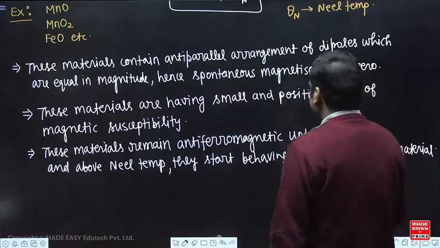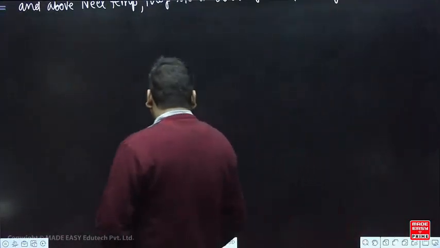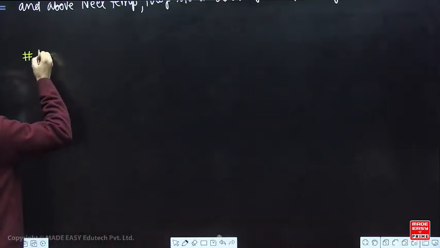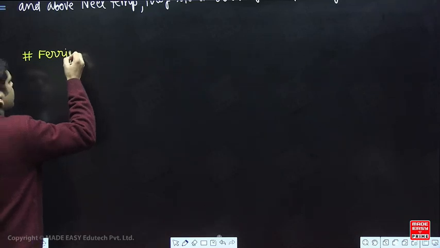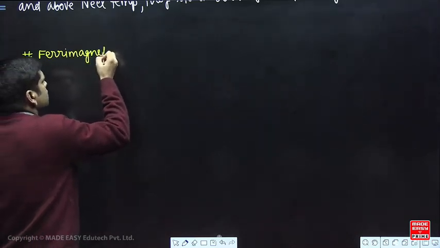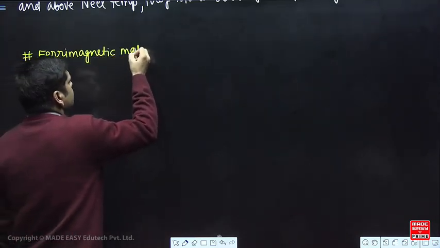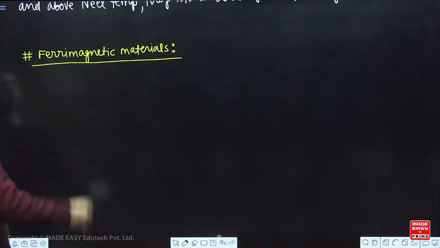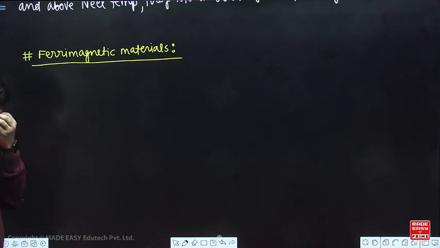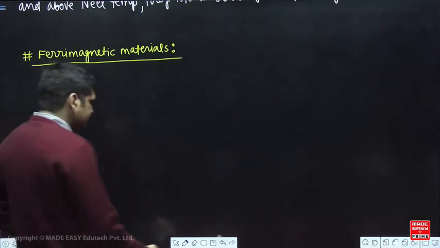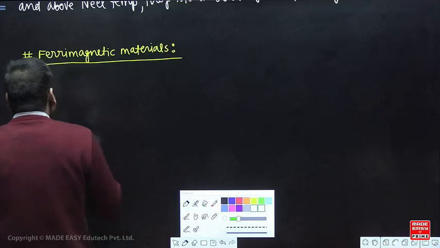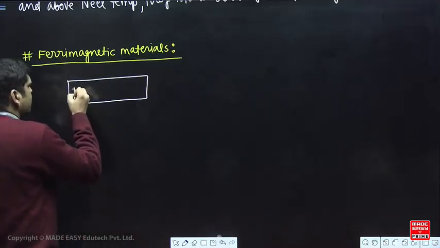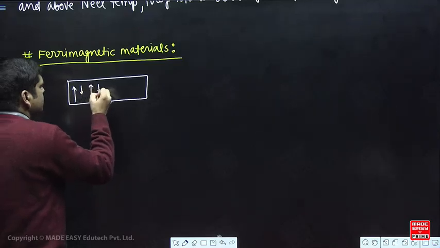Next, ferrimagnetic materials. These materials also contain anti-parallel arrangement of dipoles, but they are not equal in magnitude.